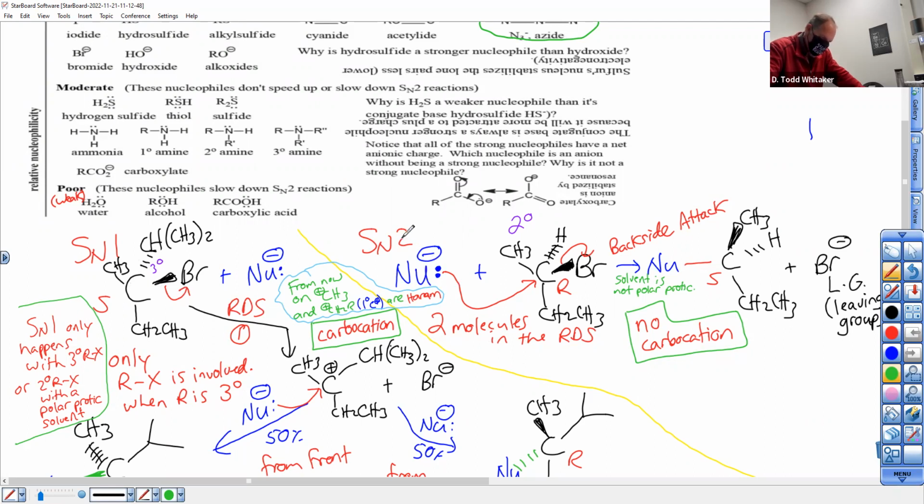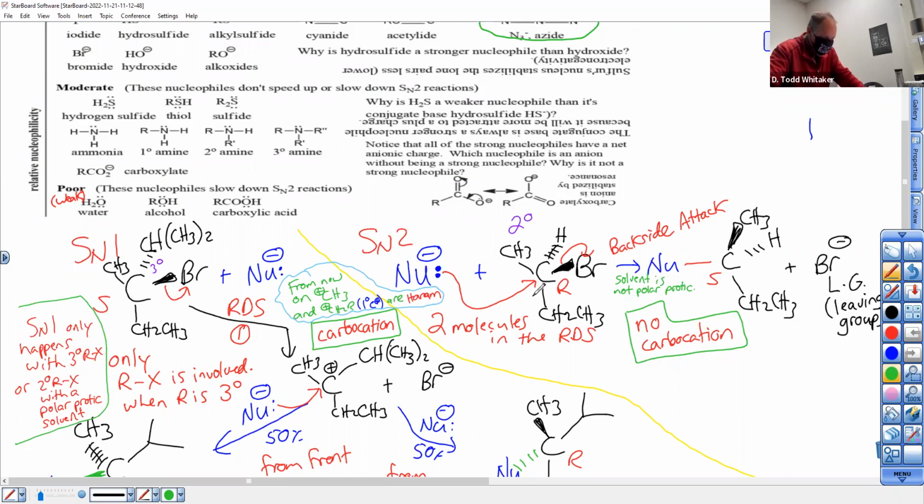Nucleophile strength matters for SN2. If you got a strong one, you're making the SN2 faster. If you got a weak one, you're slowing down the SN2 so much that you might stop it. That's what weak means: slows down the SN2 reaction so much that it may stop.